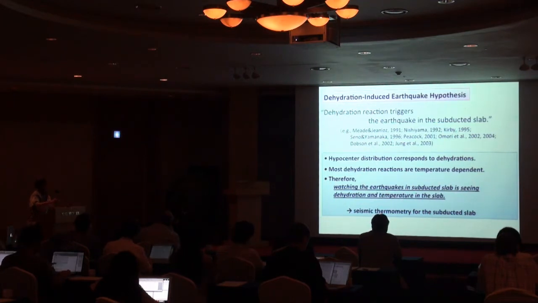And most dehydration reactions are temperature dependent, therefore, watching the earthquakes in the subducted slab is seeing dehydration and also the temperature in the slab. So I use this principle for thermometry in the subducted slab.